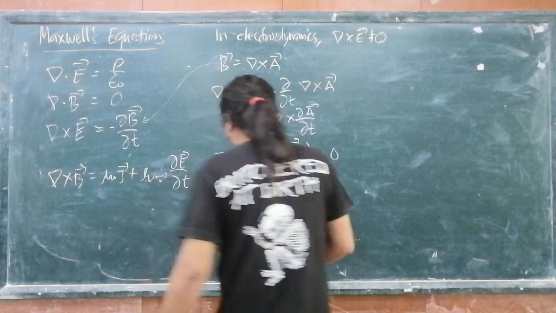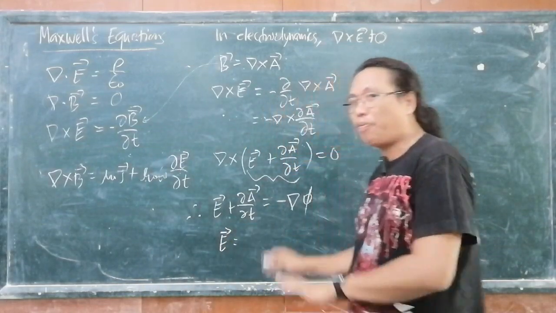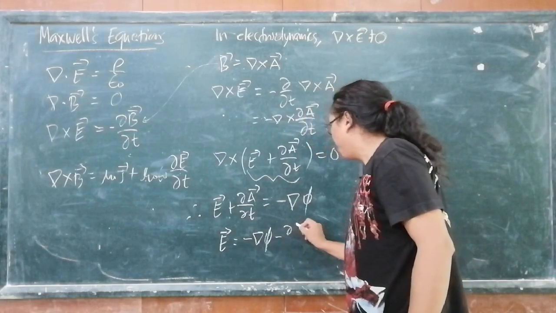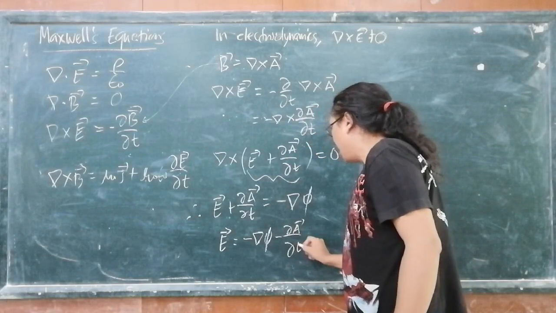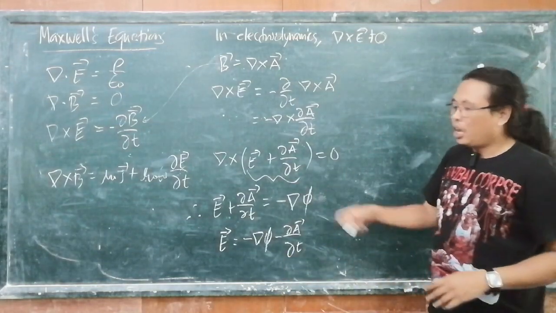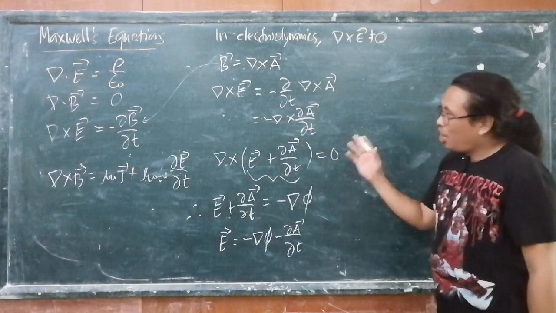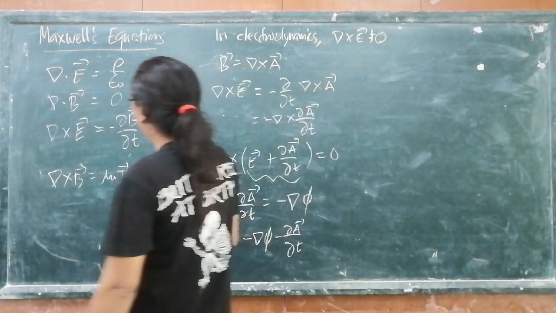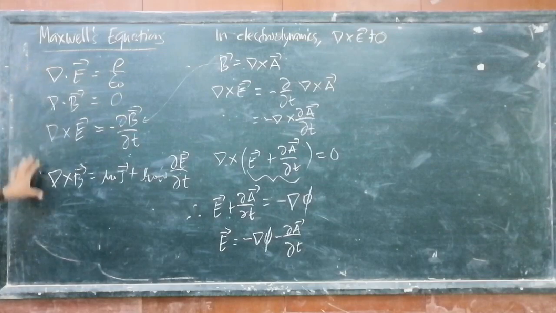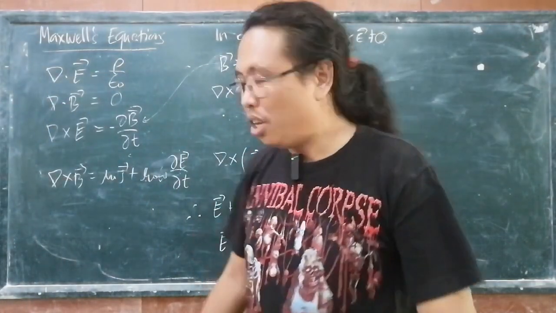And so we can express it in terms of the potential functions. We have now E equals minus del phi minus partial A over partial t. This is now the electric field in terms of the potential functions. And substituting, we use these two equations. What do we get?